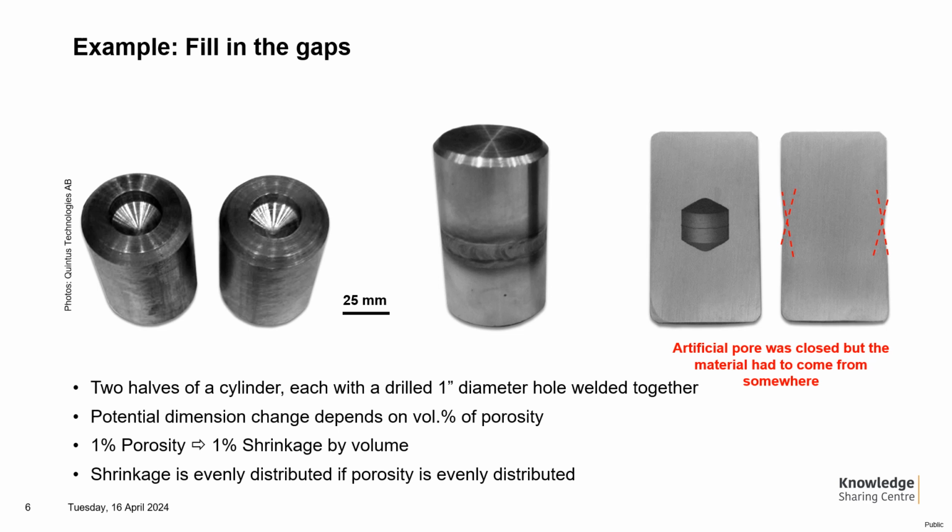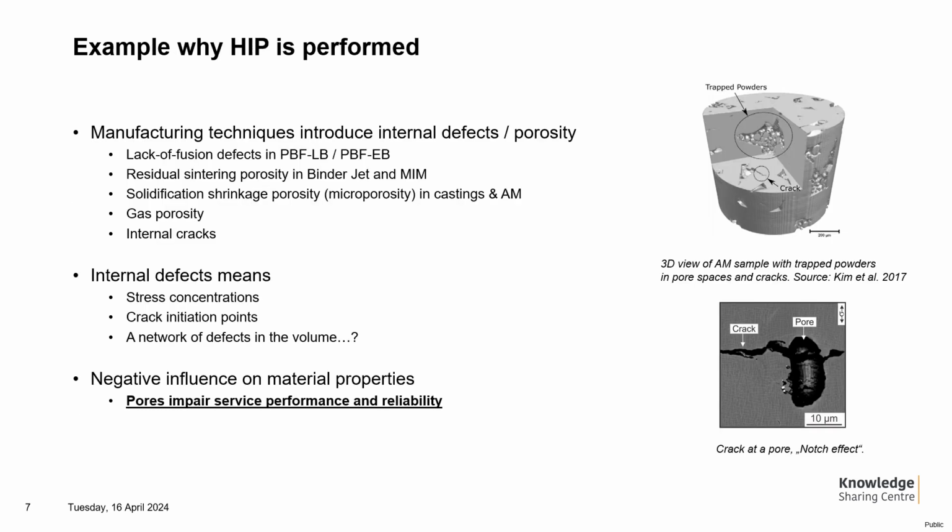And as announced on the slide before, and with the knowledge we have already gained here, we now want to assess in detail why HIP is performed and what are the resulting benefits of a HIP treatment. Manufacturing techniques such as additive manufacturing or casting introduce internal defects in your component.